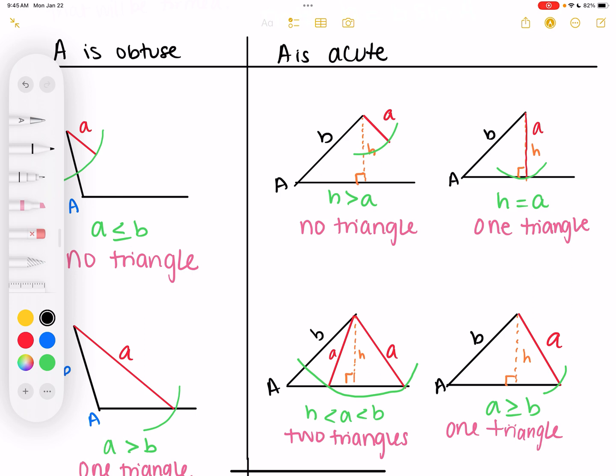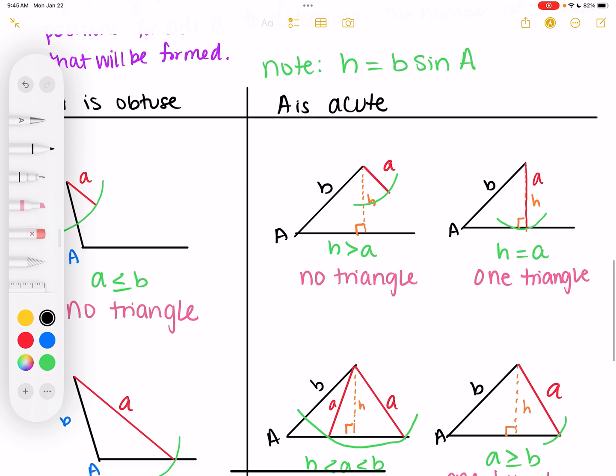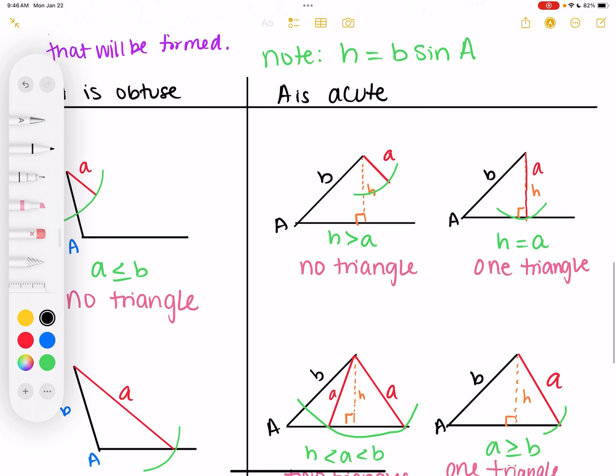If it's acute, my first recommendation is to see if the side that matches the given angle is greater than or equal to the other side. If it is, I have one triangle. If it's not, then my next step is to solve for H. This is where H comes into play. That's B sine A, the side that doesn't have the angle times the sine of the given angle. Then I look at H compared to everything else I have.